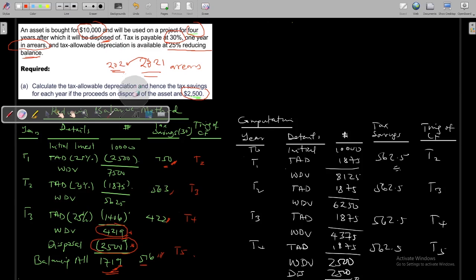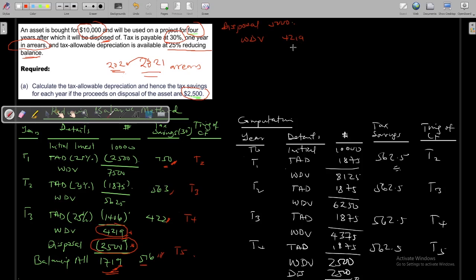So now the disposal amount is no more 2,500, but $5,000. Let's look at the computation. Here the written down value is still 4,219.